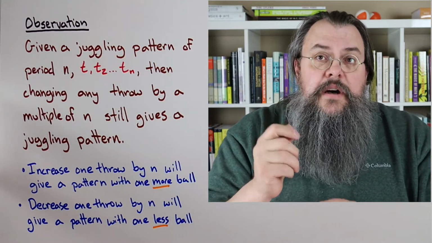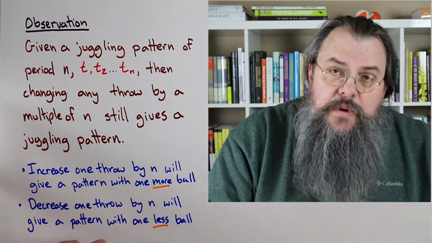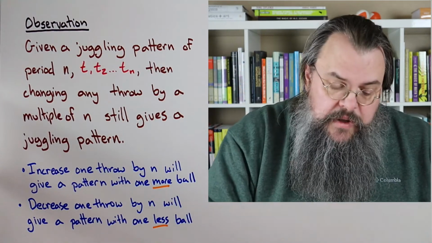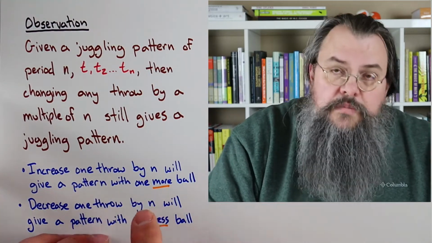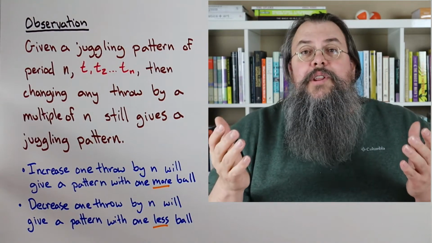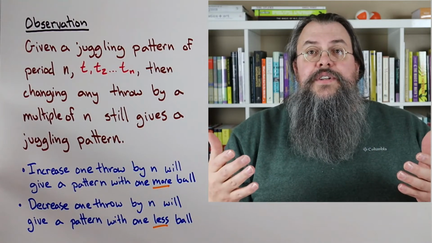Now, one thing we can also say, a little bit more precisely, is look, suppose we take one throw and go up by exactly n. Well, the new pattern will have one more ball. We know that because the number of balls is the average.